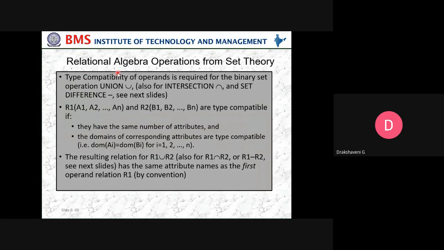Then, another relational algebra operation from set theory. The type compatibility of operands is required for the binary set operations union, and also for intersection and set difference.